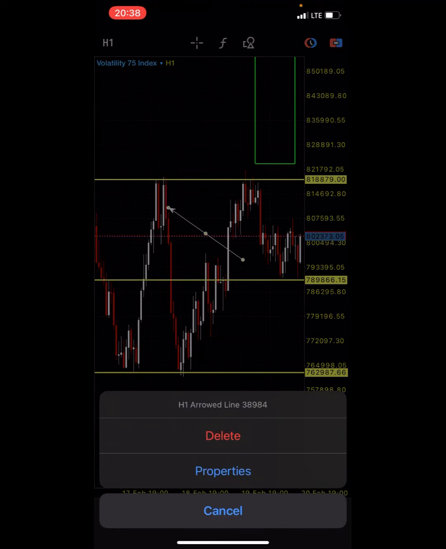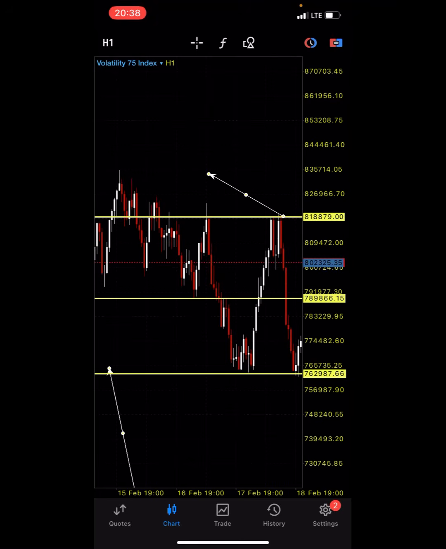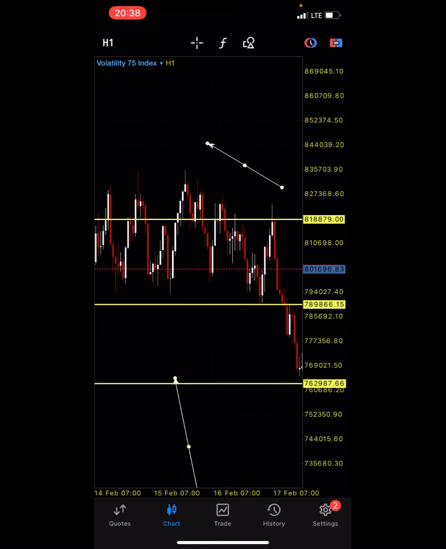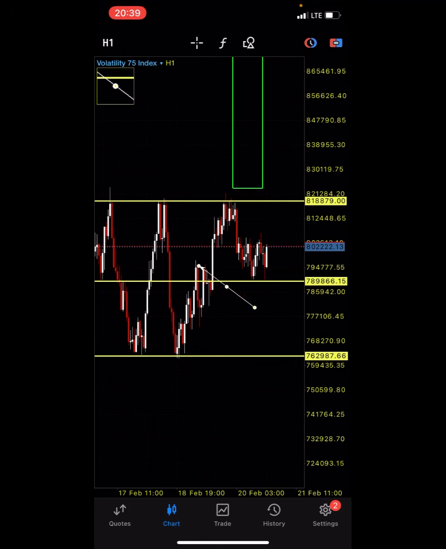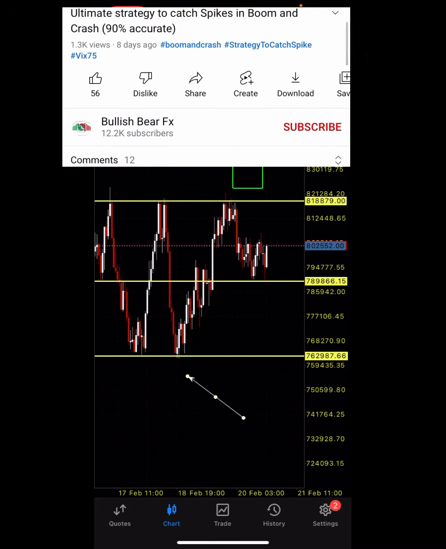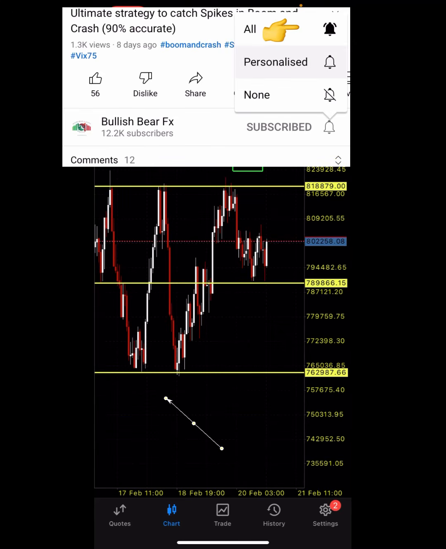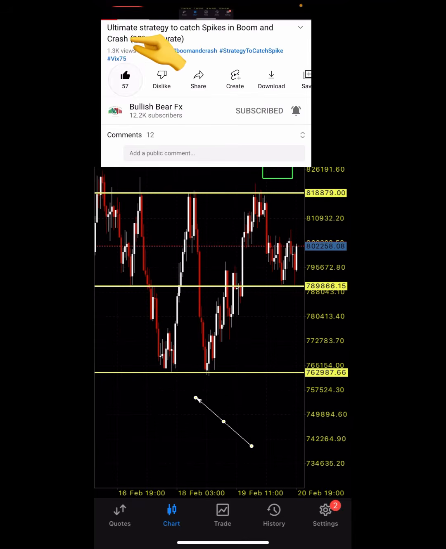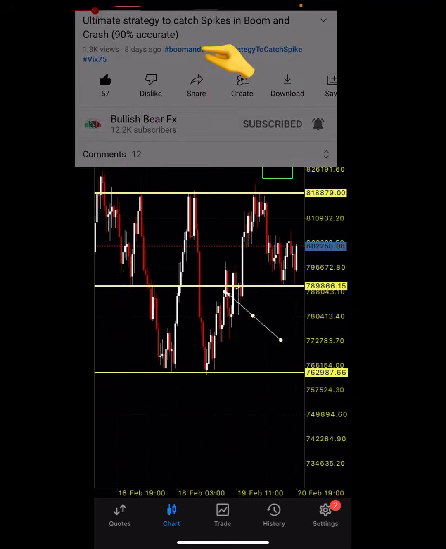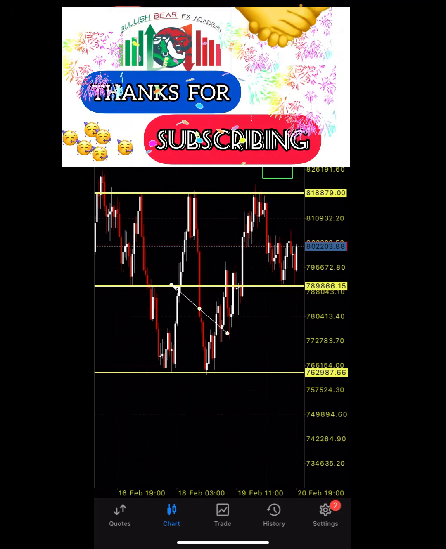All right, so you've got to understand that the more touches you have on supports or resistance levels, the more it becomes weaker. Now what you need is to understand the logic behind supports and resistance. So right now, let us analyze our market officially. You ready? Let's go. So we have support here, we have support here, we have resistance here already. This is the 1 hour chart.